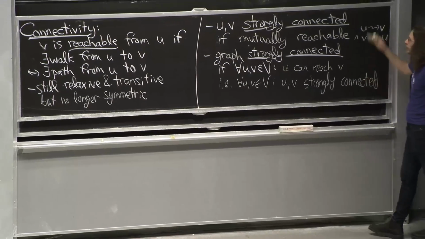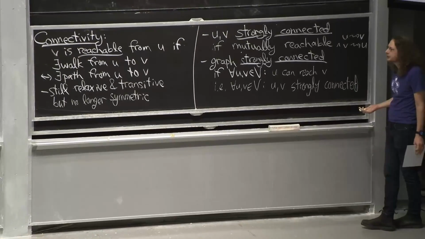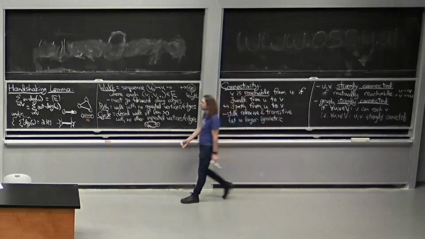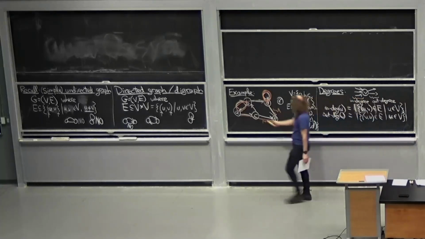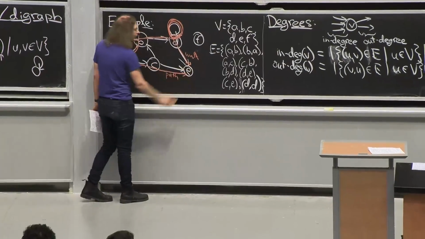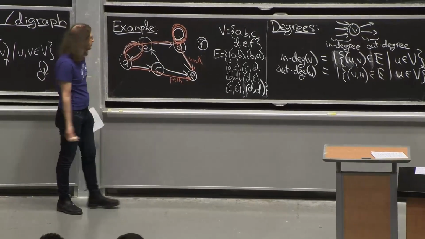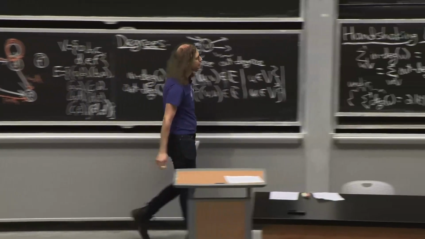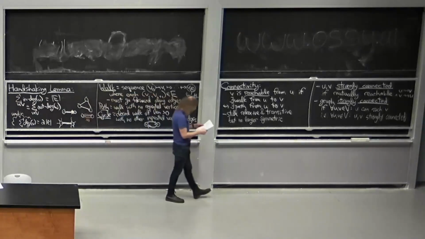Okay, these graphs are nice because you can start anywhere and get anywhere else. You never get stuck. But in general, in a directed graph, you could walk and not be able to return. So for example, in this graph, maybe you walk around, like you take one of the walks that I drew, but once you end up in E, you're stuck. Or if you start in E, you can't get anywhere, except E itself. Start in F, you also can't go anywhere. But that's a little less exciting. So that graph obviously is not strongly connected.